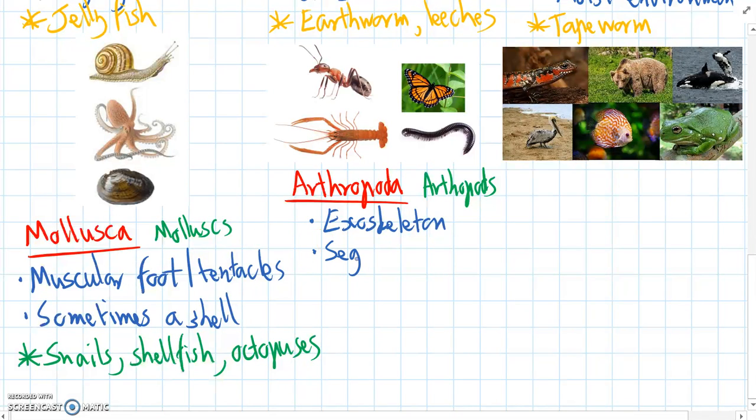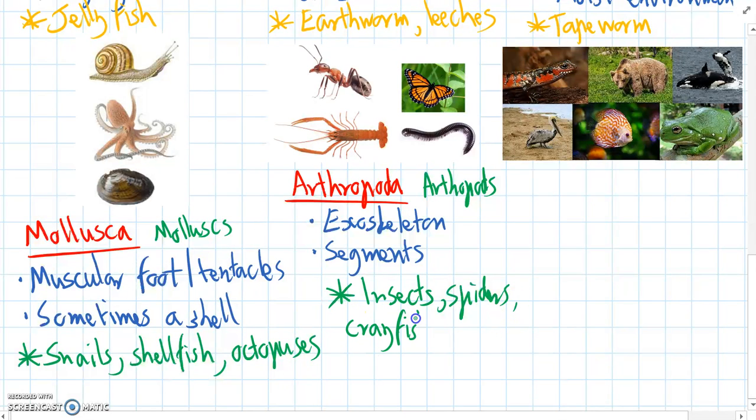And all the bodies of the arthropods are made in segments. Their legs and their tails, they're all made up of smaller sections joined together. And there are lots of common animals that we know that are arthropods. All the insects, spiders, and sea creatures like crayfish and crabs, they're all arthropods.